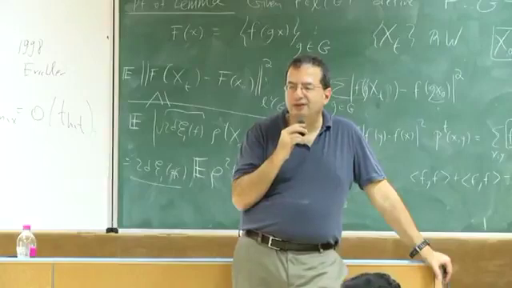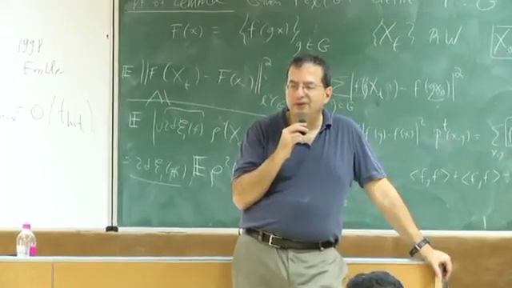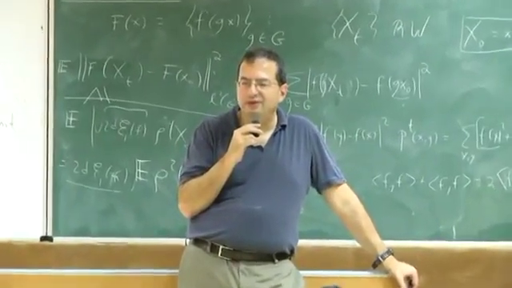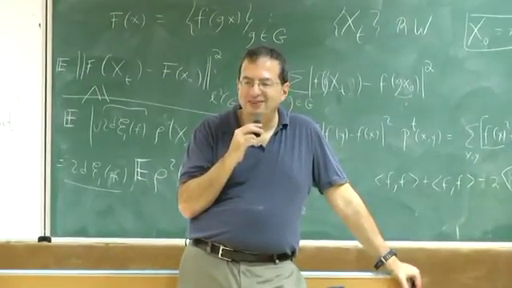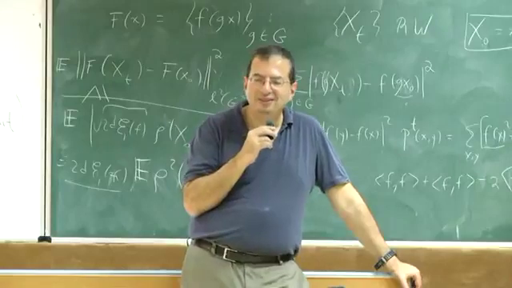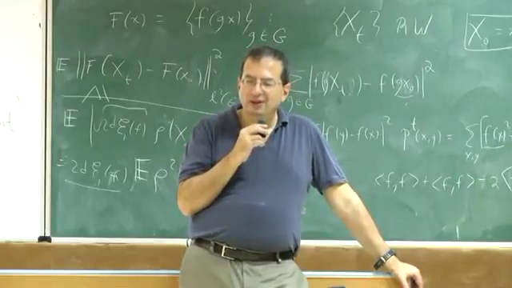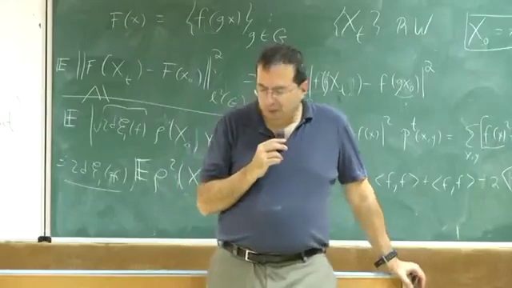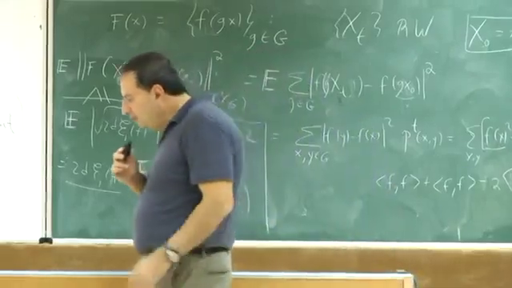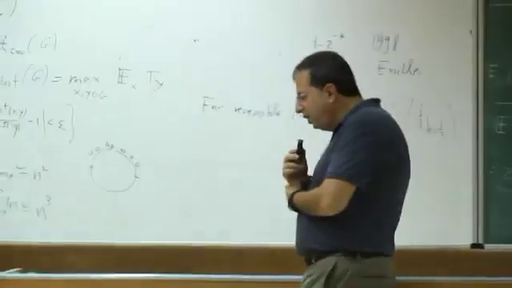Yes? Two questions. One, is there some reason why epsilon is taken to be 1/4 as a convention? And more than that, is it always the case that for the analysis you take epsilon to be independent of n? Okay.